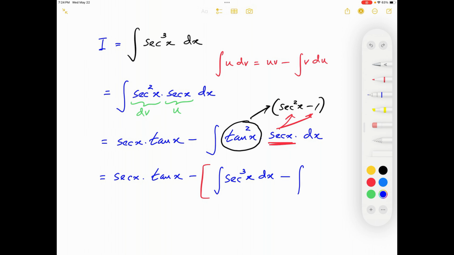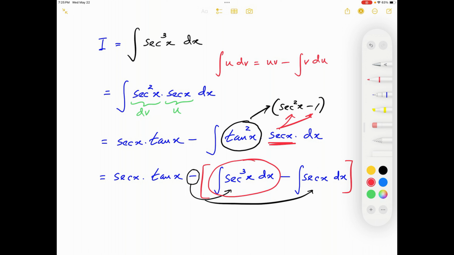Then I get integration secant x dx. I'm going to close the brackets. Alright. What we have to do next is to distribute this negative symbol into these two terms inside brackets. Please also note that we have a secant cubed integration inside the bracket right here. Secant cubed x term was labeled as integral I. That's what we did here.